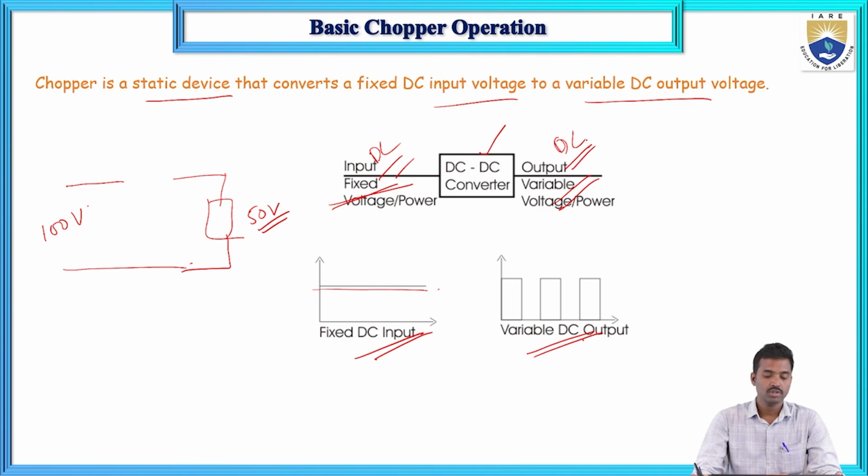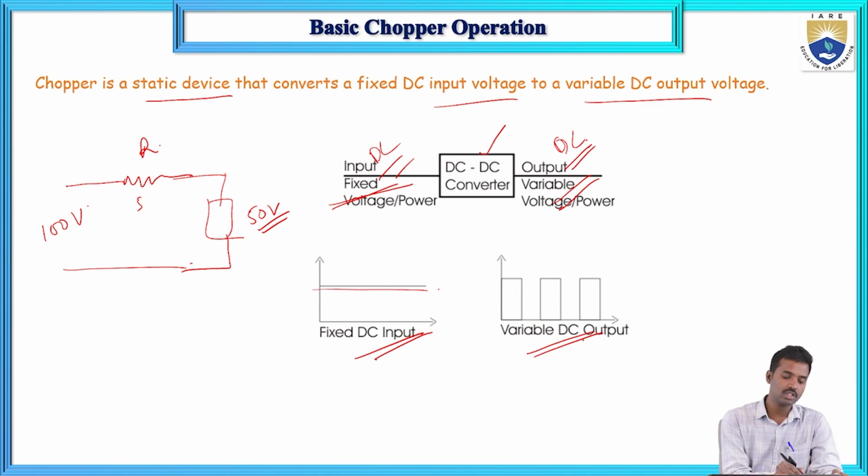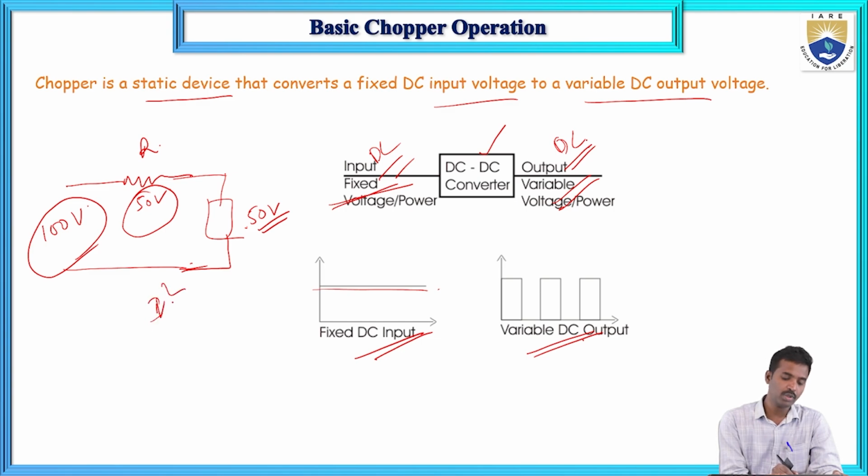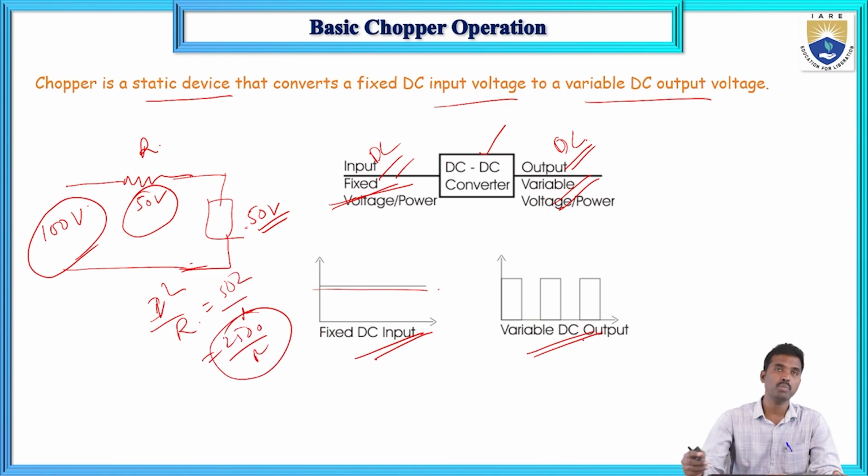This 50 volts plus 50 volts equals 100 volts. But the drawback of this method is that a huge amount of power loss occurs: V squared by R, that is 50 squared by R, equal to 2500 by R. This is one drawback.